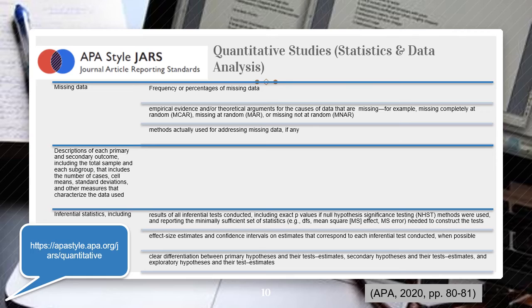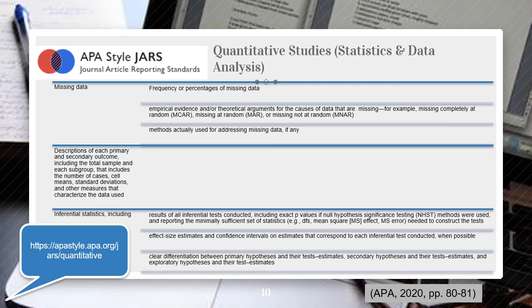For inferential statistics, you'll report the results of all inferential tests conducted, not just with the exact p-values if null hypothesis testing was used, but also reporting the minimally sufficient set of statistics, such as degrees of freedom, mean squares effect, mean square error. So you're going to provide the full information. So if you conducted a t-test, then you'll also provide degrees of freedom and t-values.